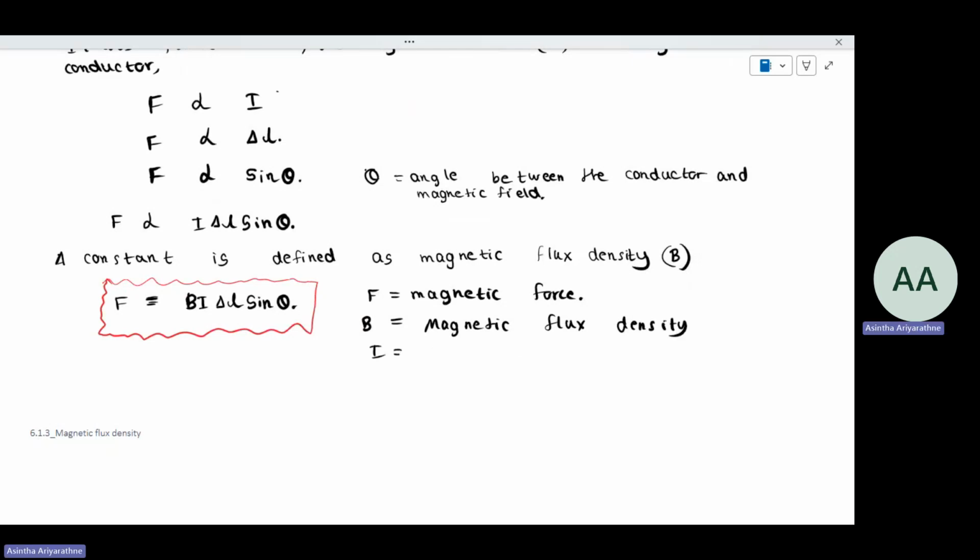I is the current through the conductor. And delta L is the length of the conductor.